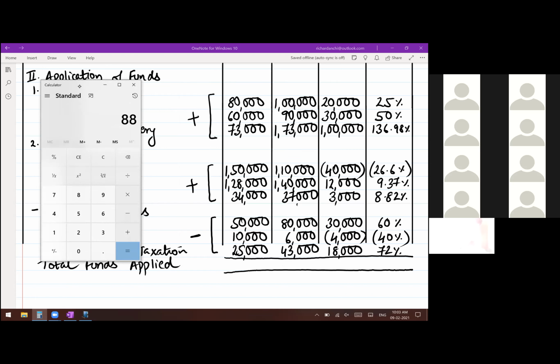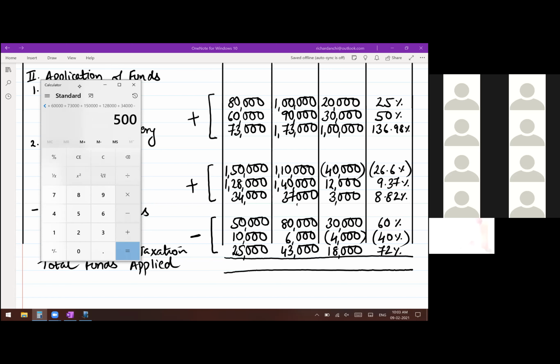80,000 plus 60,000 plus 73,000 plus 1,50,000 plus 1,28,000 plus 34,000, and then the last 3 items you are going to deduct.